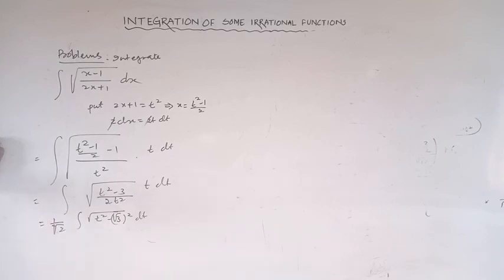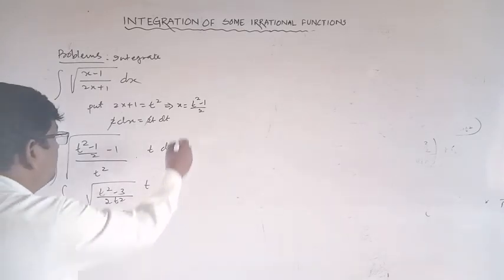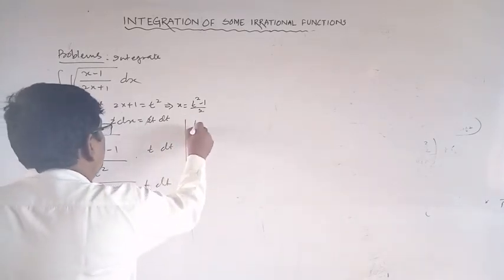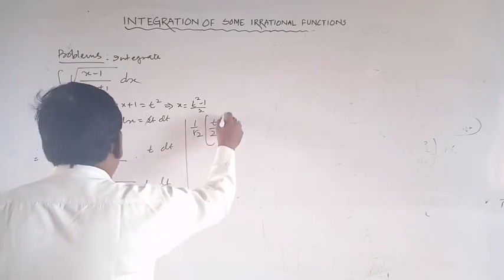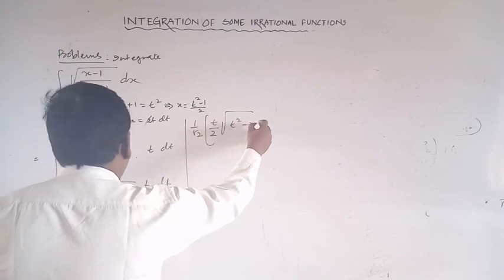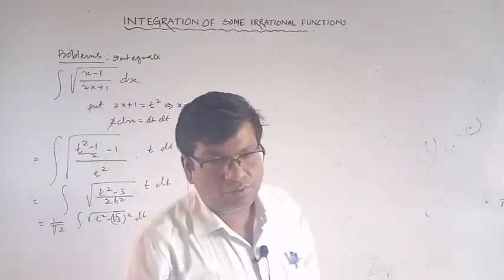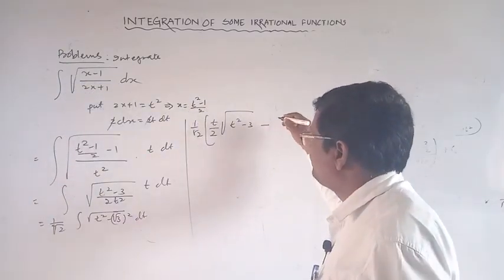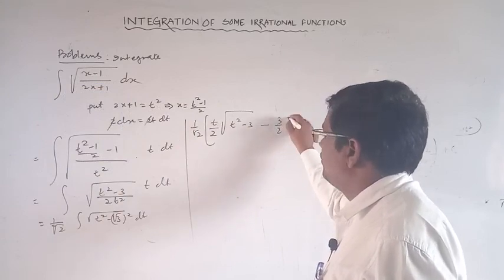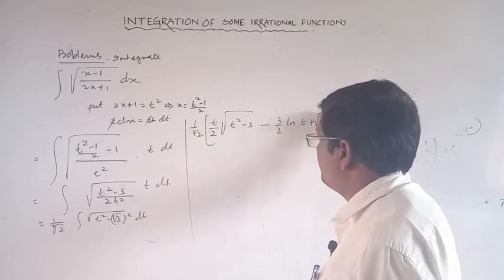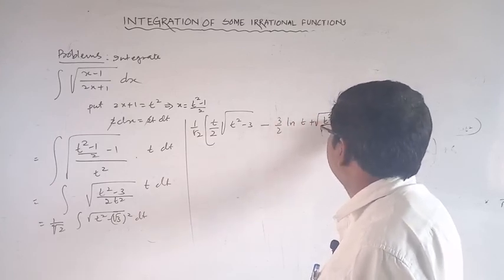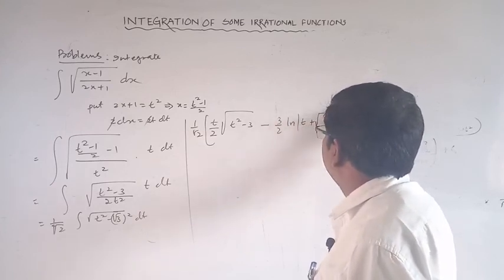This is the standard formula, x square minus a square. So that is 1 by root 2 into (t by 2 root over t square minus 3 minus a square by 2, a square means 3 by 2 log of (t plus root over t square minus 3)) plus c.